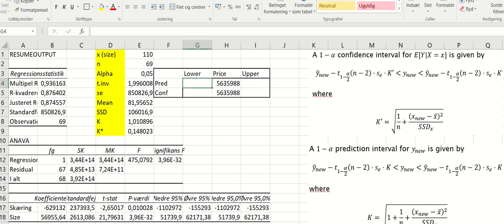So we start off by making the lower prediction interval, which is our price minus the t-value multiplied by our standard error multiplied by our k, and this is the k we are doing here.